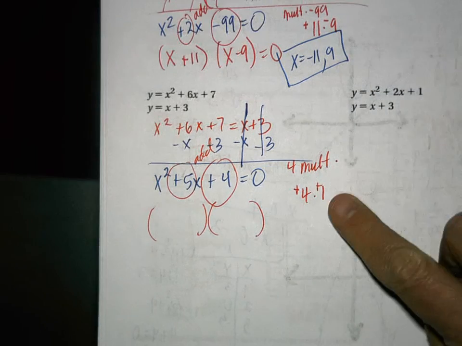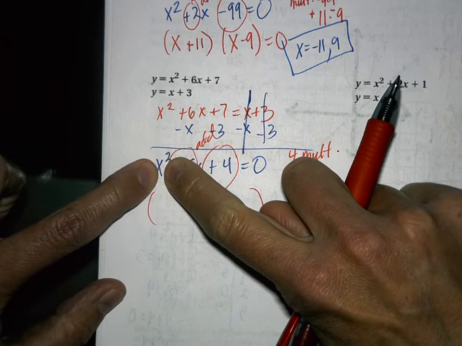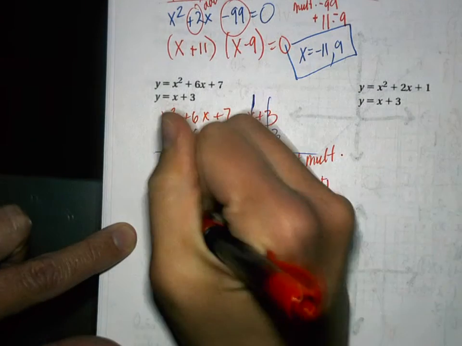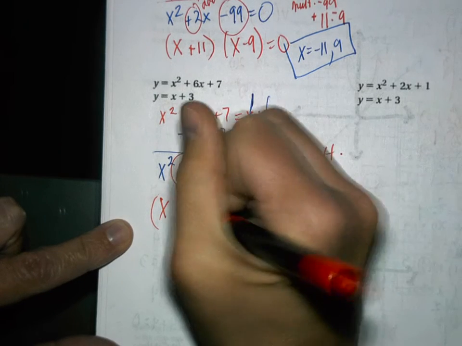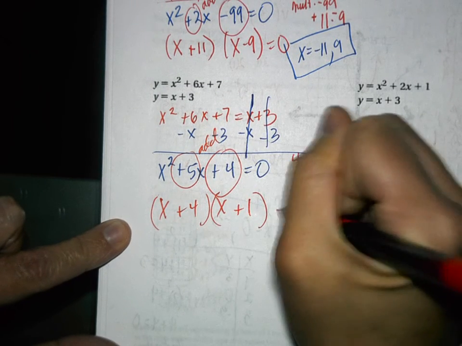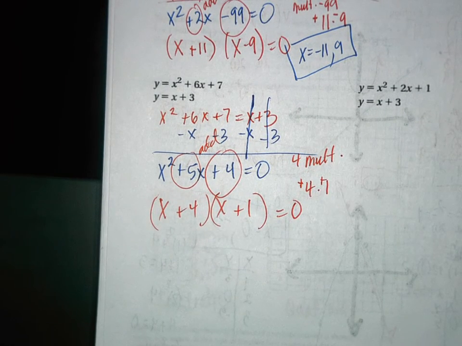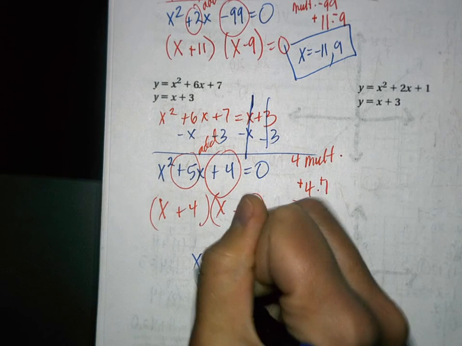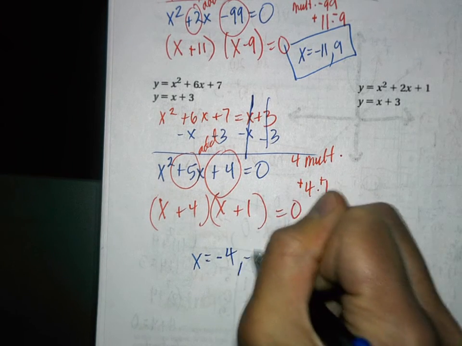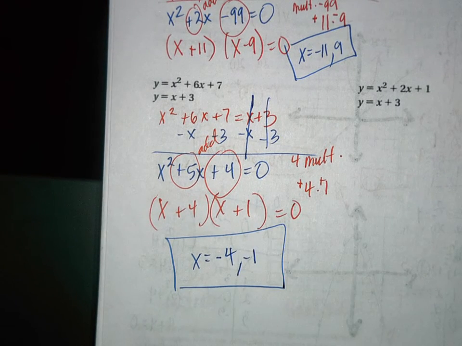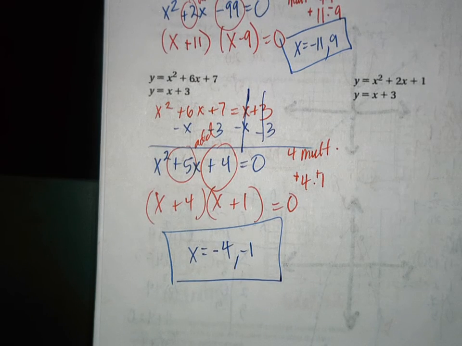So all I'm doing for my shortcut is splitting up my x squareds. And then I have a plus 4 and a plus 1. We set those equal to 0. And when you set them equal to 0, what does x equal? And that's my answers. Okay, those are the points. What do these points represent? What do these numbers represent? The points where the two graphs cross. Good. The points where the two graphs cross. Any questions?